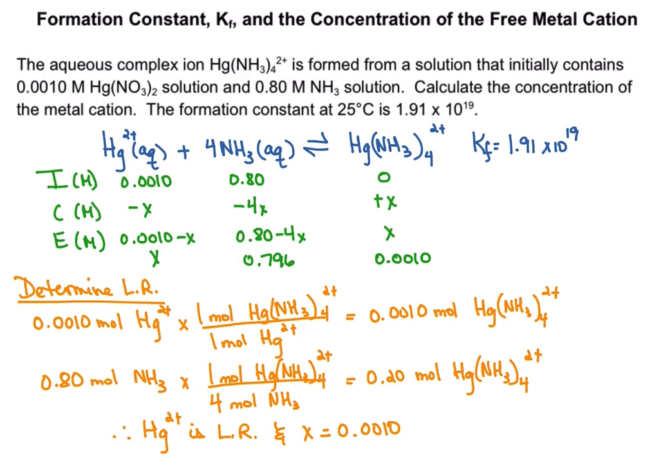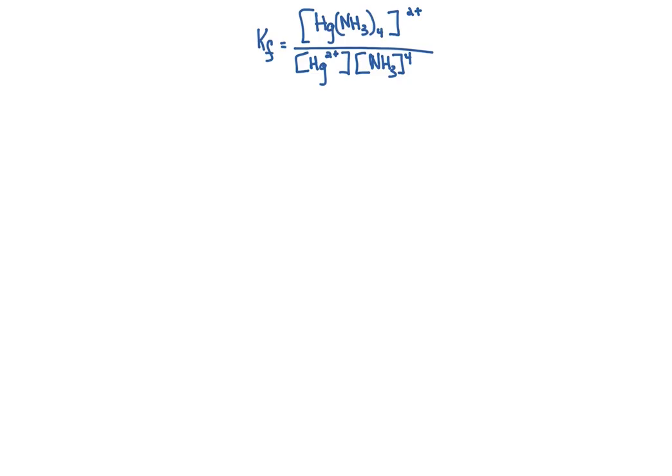The next thing we want to do is set up our formation constant expression. So remember that Kf is equal to the products over the reactants raised to the power of their coefficients. I'm going to go ahead and plug in the numbers I do know.